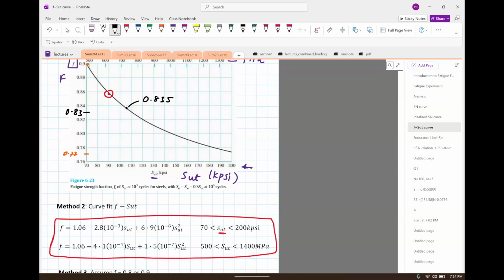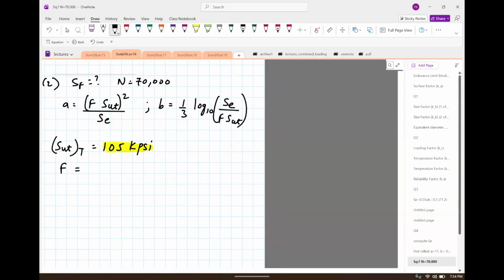You could also use this formula where you put SUT equals 105 and get the value. So let's just use 0.835. That would be lecture 15. Okay, so F is known.